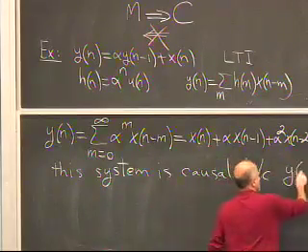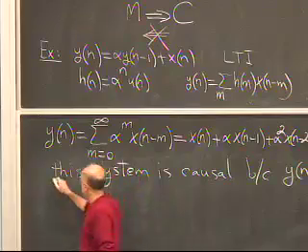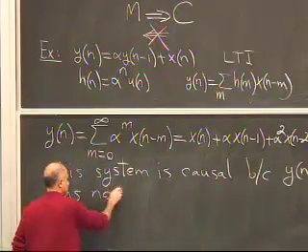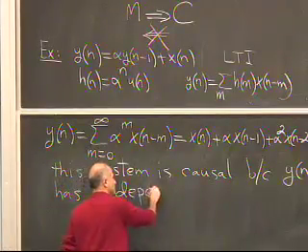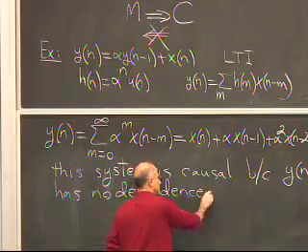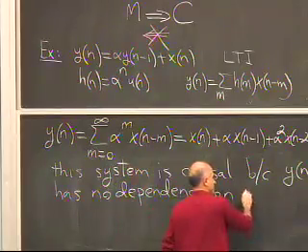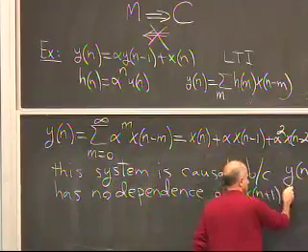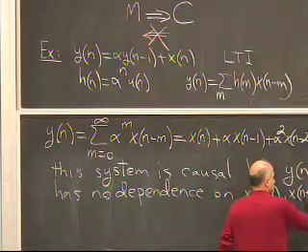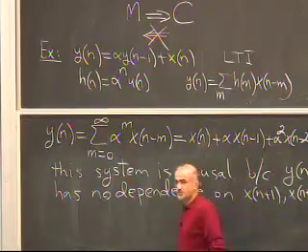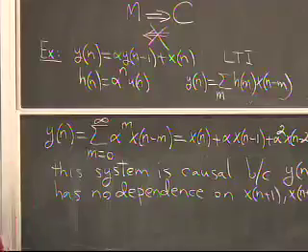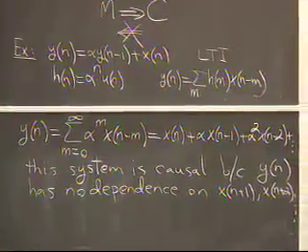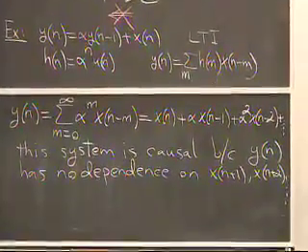Because y of n has no dependence on x of n plus 1, x of n plus 2, and so on. Okay, so this system is causal. Is it memoryless? Why not?